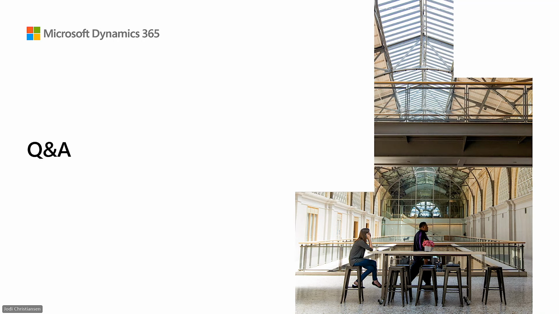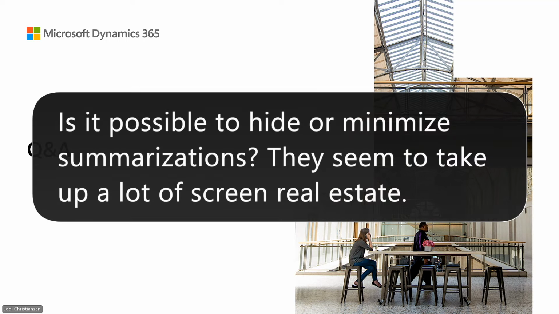So we've got a couple difficult questions from the chat here, but I think it's important we address those. One being, the summarization seems to take up a decent amount of space on the forms. Is it possible to have these minimized or hidden or put them somewhere else on the screen?